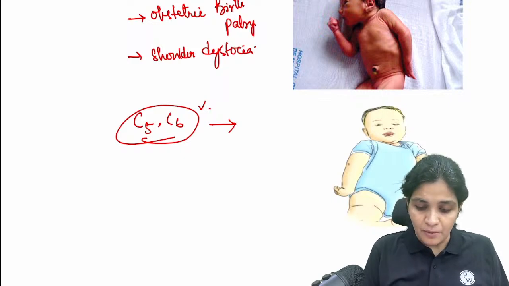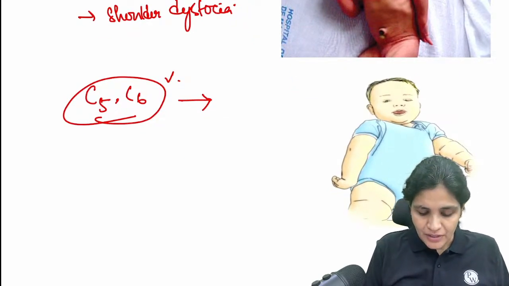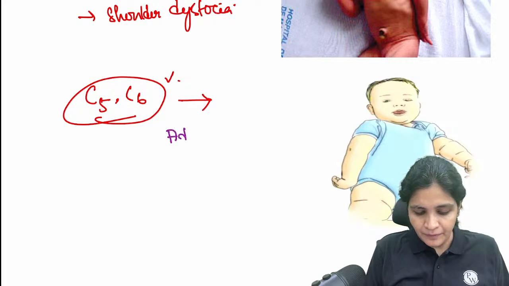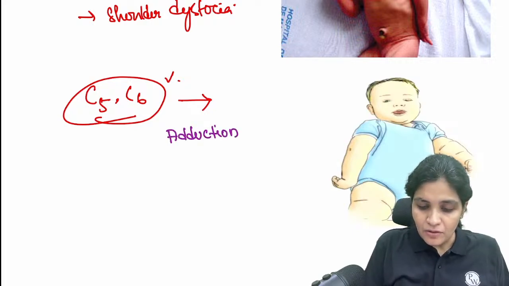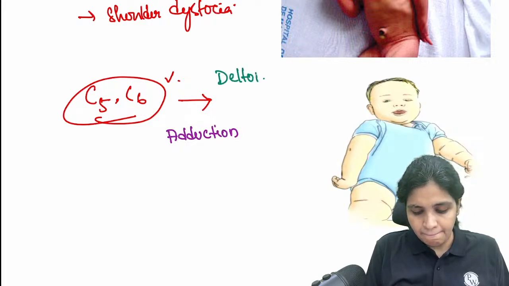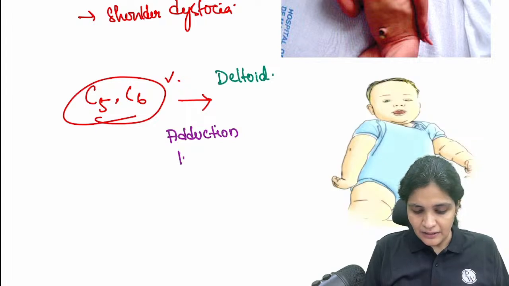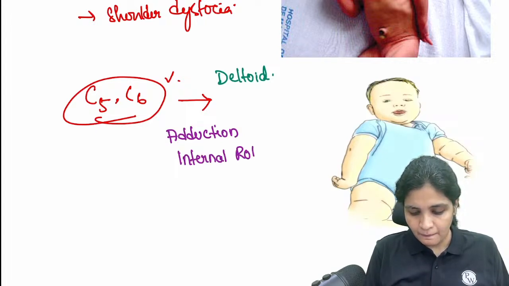So what is this deformity that you're seeing here? First there will be adduction because there will be damage to the deltoid, right? And then what do you see? You see the internal rotation, right?